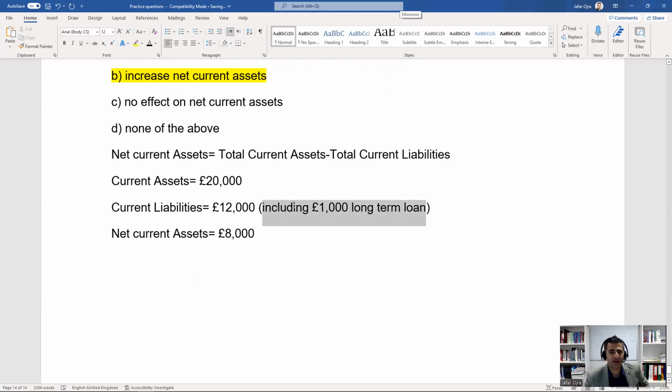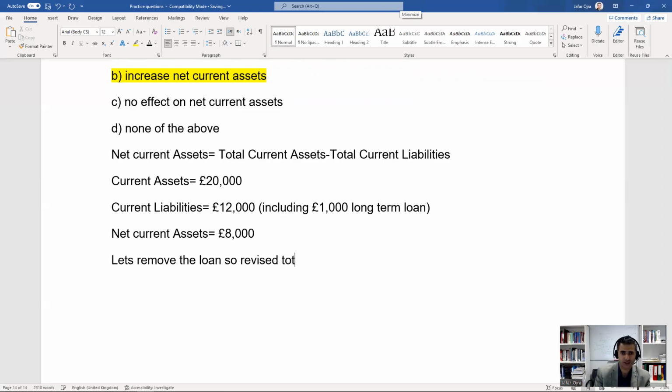Why? Because this must be under non-current liability, because it's more than 12 months, isn't it? So we need to remove it. In this case, let's remove the loan. So the revised total current liabilities equal £11,000, correct?